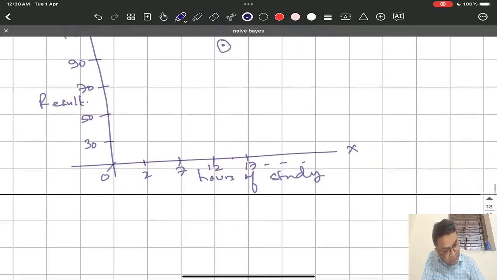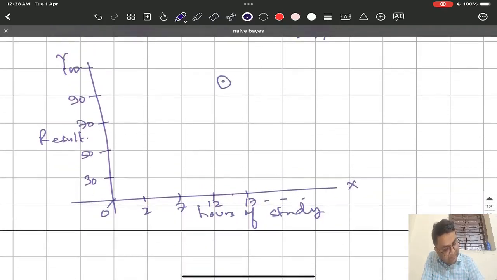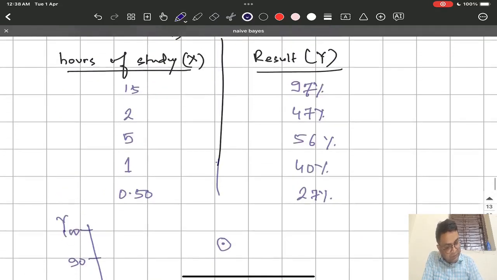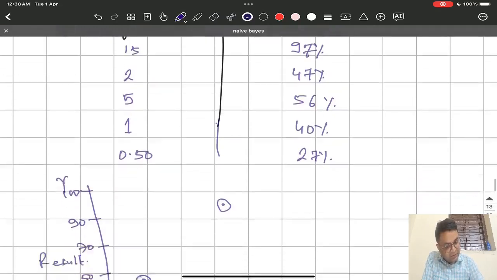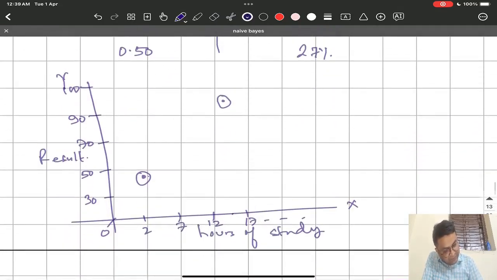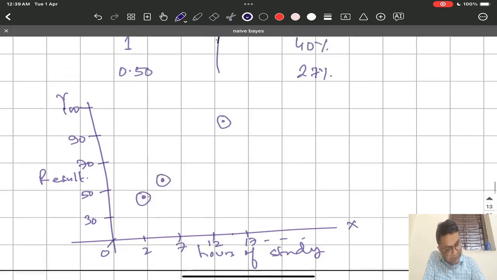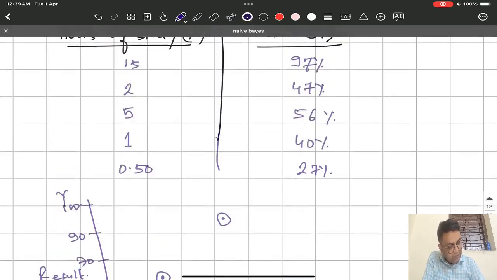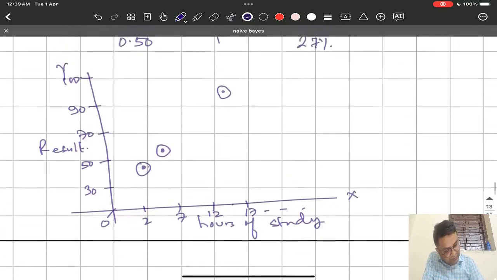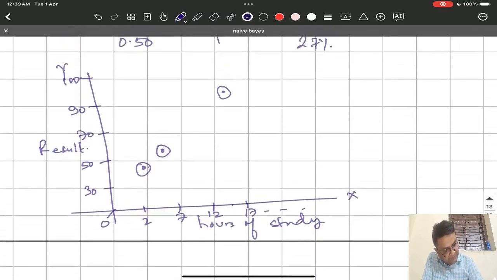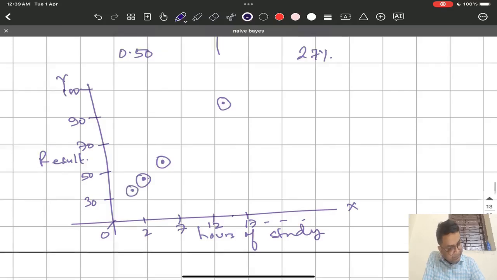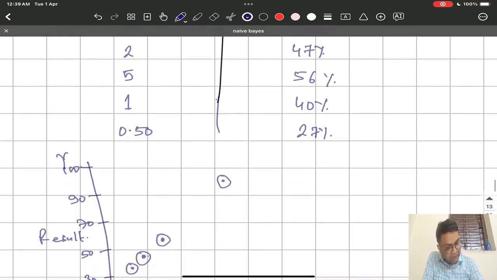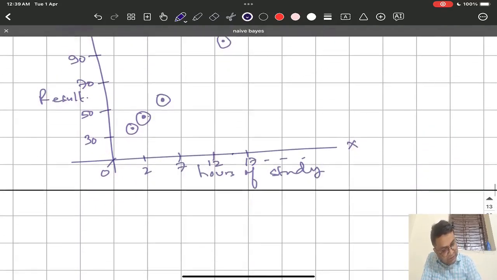Hours of study is 5 and 56%. Then hours of study is 1 and 40%. Then hours of study is half an hour and it is 27%.